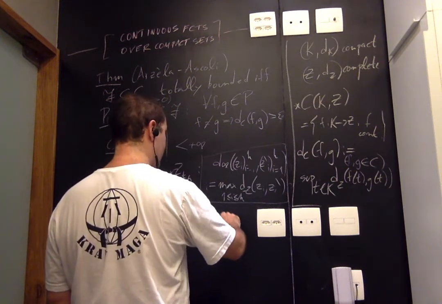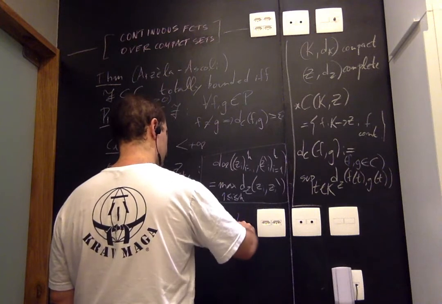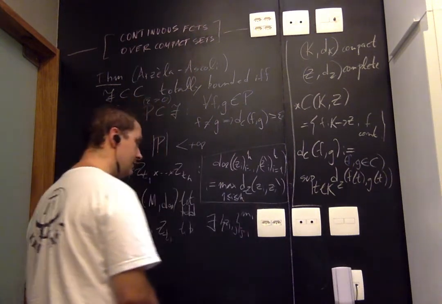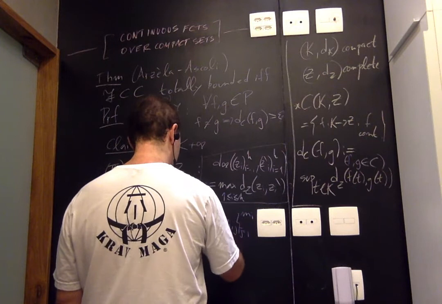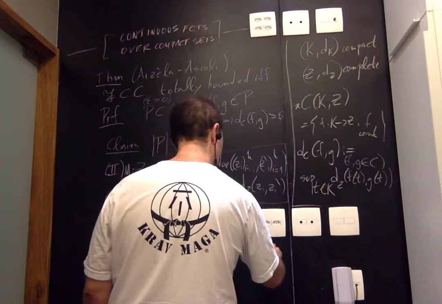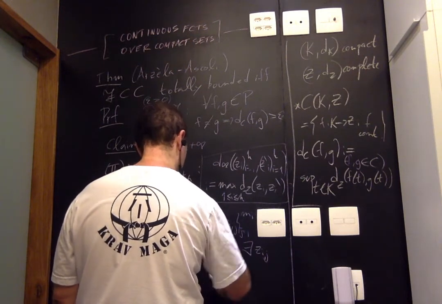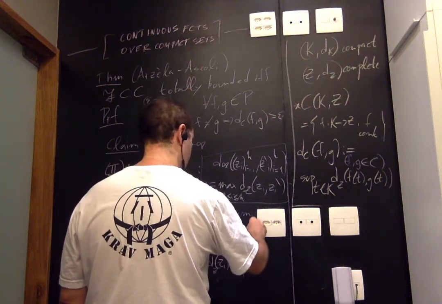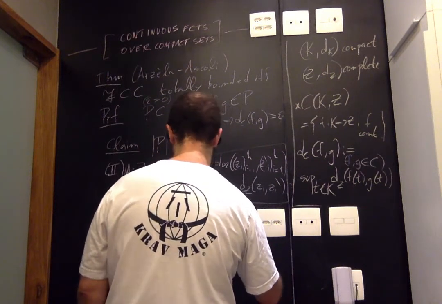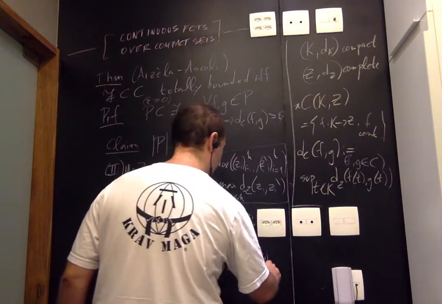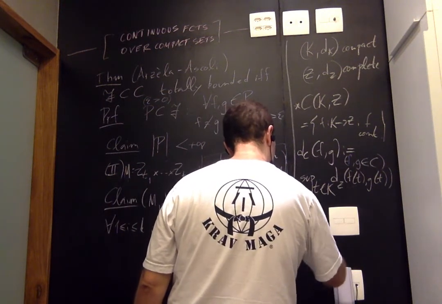So there exists a family of elements that I'm going to call Zij, j equals 1 up to some size M sub i, such that for all Zi in ZTi, there exists a Zij from this family with distance from Zi, so this is in Z, less than R. So I'm proving here that the R covering number is finite, right?